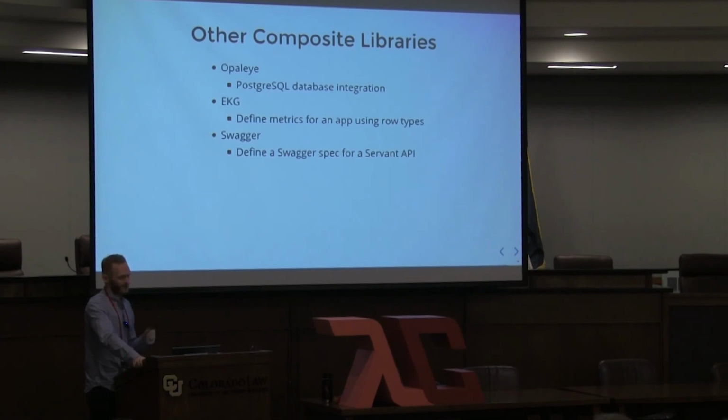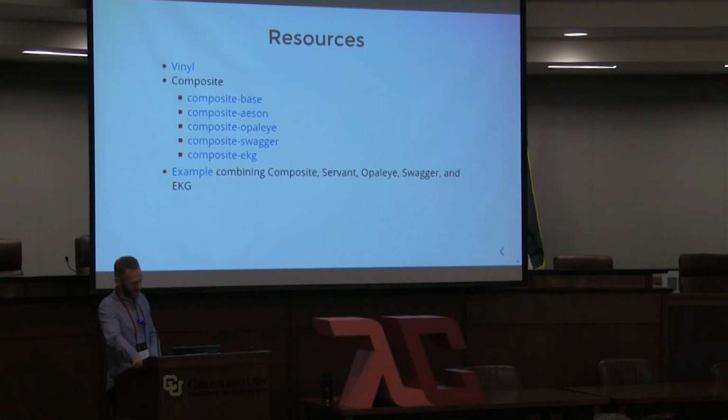So if you happen to define a Servant API with a bunch of row types, then you can get a Swagger spec for it too. And then here on this last page, we have our resources. So all these libraries, and the final one, if you want to go look for it, is an actual example of all of these libraries in action together.